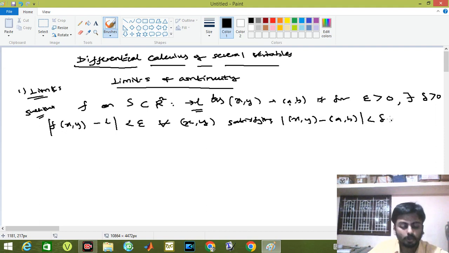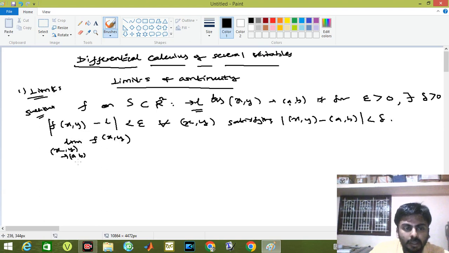If it is so, then you can write that the limit of f of x comma y as x comma y tends to a comma b will give you a finite limit L. So you should remember this.